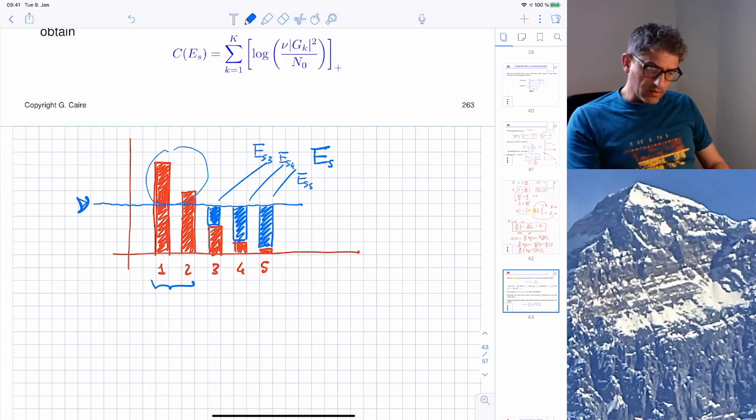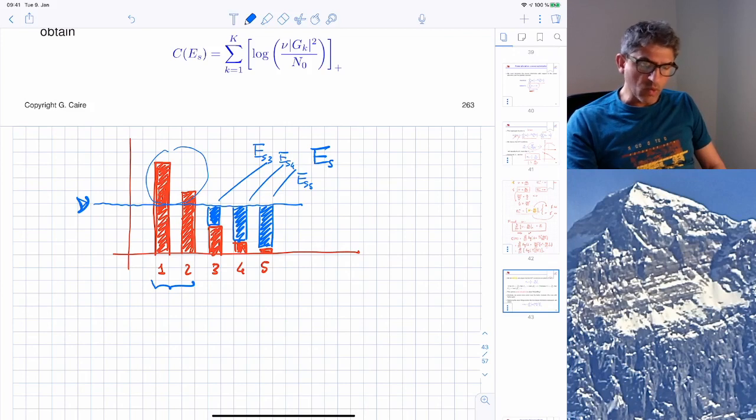Find level nu such that the sum of the level of the water in each subchannel, represented by this graph, is equal to ES. Of course, if we have a bigger ES, suppose that this is the solution for ES equal to 10, and now I have ES equal to 100.